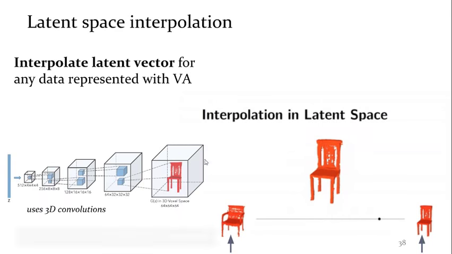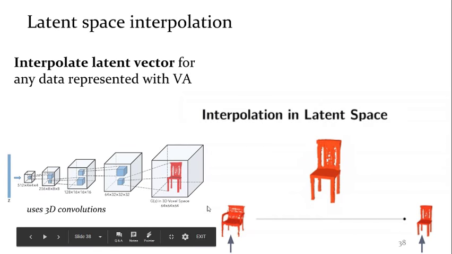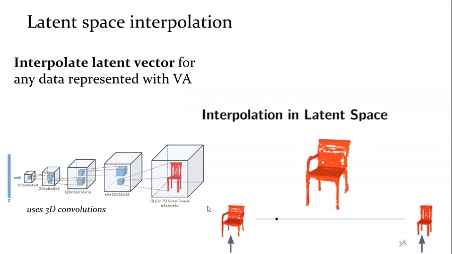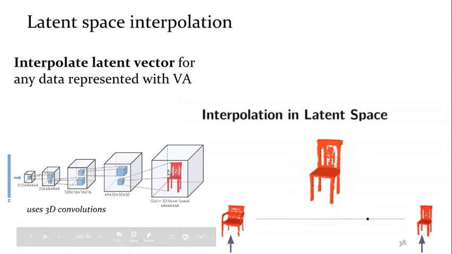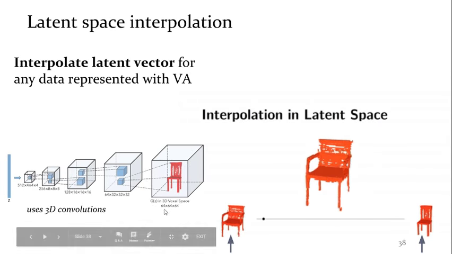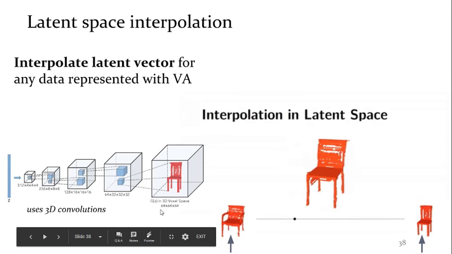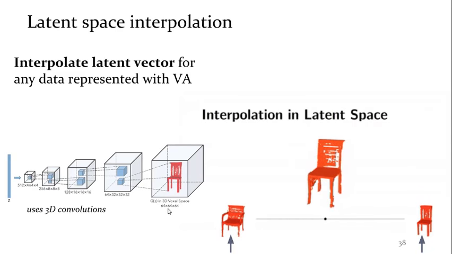We have a grid of 64 by 64 by 64, a cube, and if there is a 1, it means there is a solid point in there. If there is a 0, there is nothing. It's just like Minecraft, there are a lot of boxes, 64 by 64 by 64 boxes, and you can represent a chair as a matrix of 64 by 64 by 64, a box of numbers.